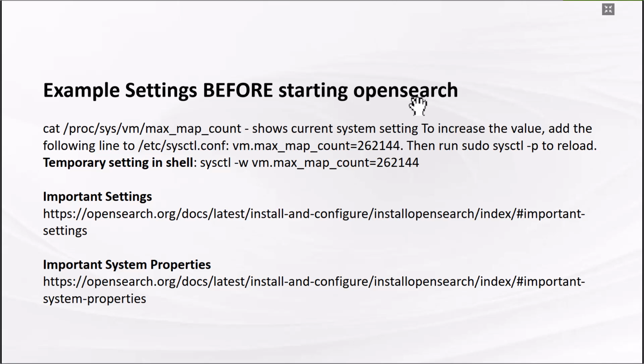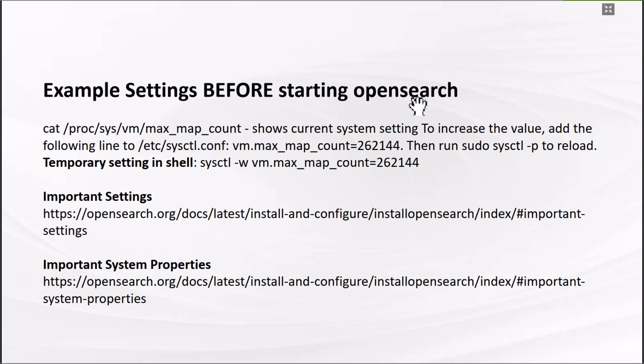It is recommended to set the max map count because OpenSearch uses memory maps as it swaps and creates indices and moves data between RAM and secondary storage.